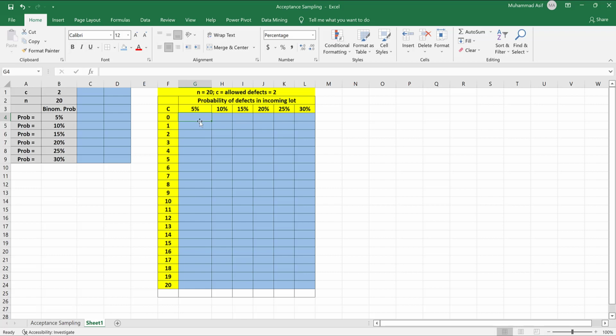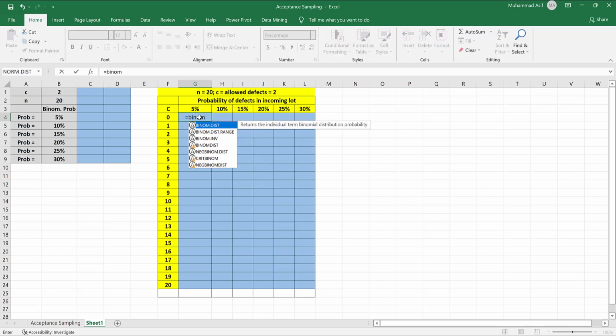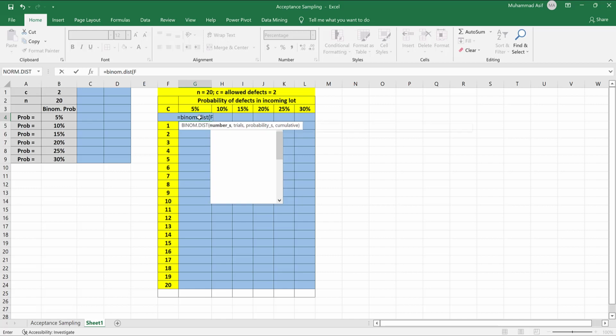The formula for binomial probability is BINOM.DIST, and then the first is the value of C, that's F4, and then the number of trials, that's 20, and then probability, that's 5%, and then do we want cumulative probability or only probability of 0? So right now we only want probability of 0, so I will write here false, which means not cumulative.